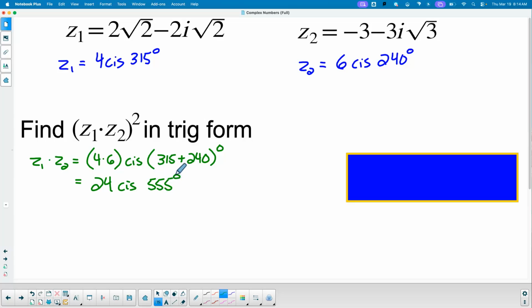But I don't like 555 degrees. So we got to subtract off 360. I should have my calculator out from the start. Wasn't following my own rules. 555 minus 360 gives me 195. Yes?